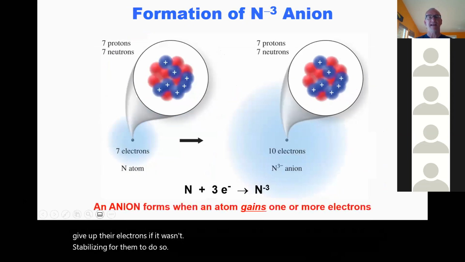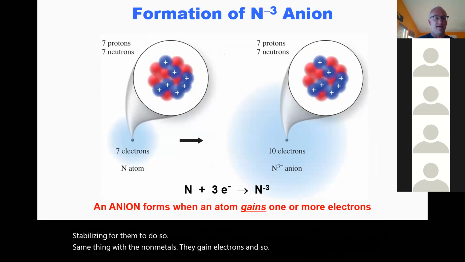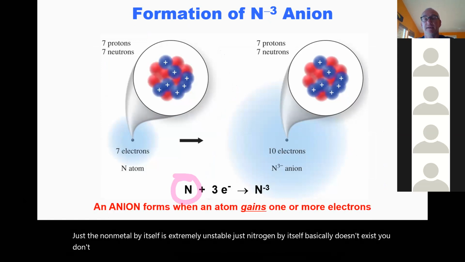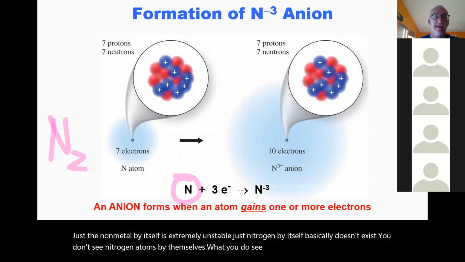Same thing with the nonmetals, they gain electrons. Just the nonmetal by itself is extremely unstable. Just nitrogen by itself basically doesn't exist. You don't see nitrogen atoms by themselves. What you see is nitrogen molecules. N2, that's very stable. N2 is extremely stable.